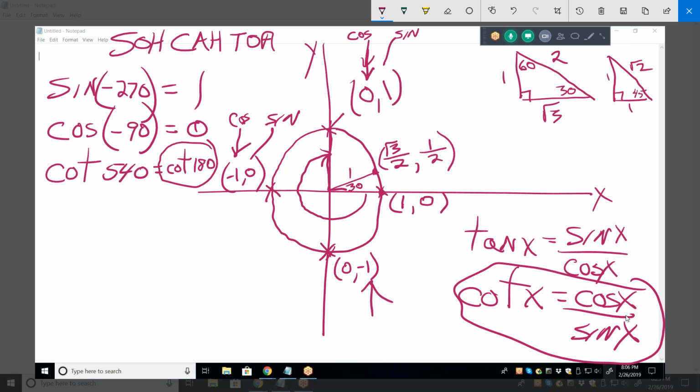So tell me what cosine divided by sine is. -1 divided by 0. Which is? Undefined. There you go. A lot of these trig functions are undefined because if the sine is equal to 0, then the reciprocal of that means you're dividing by 0. And anytime you divide by 0, you get undefined.